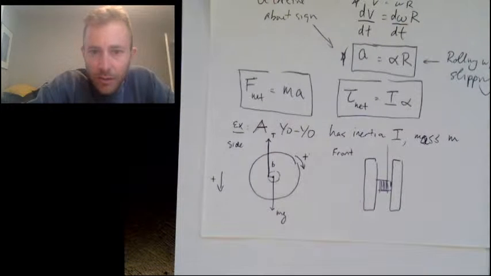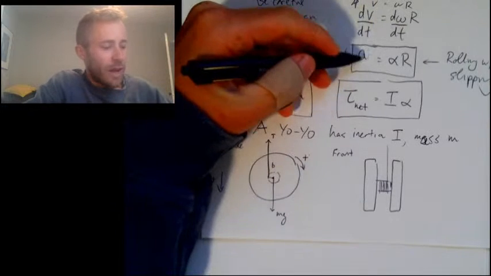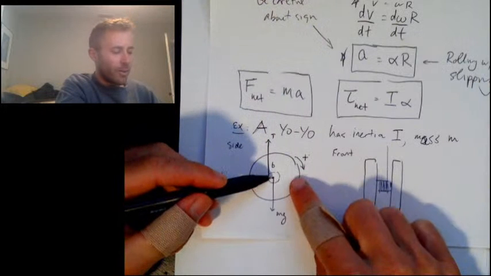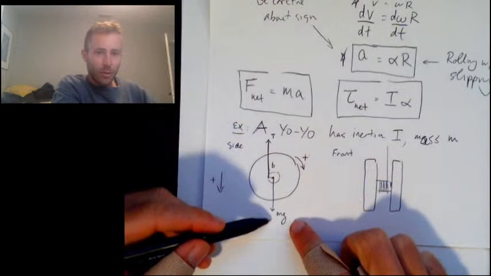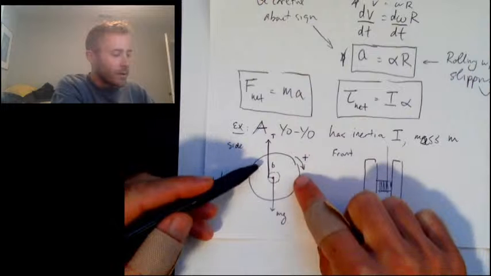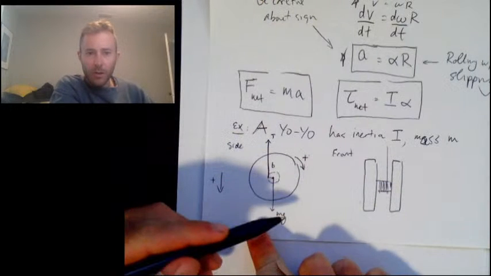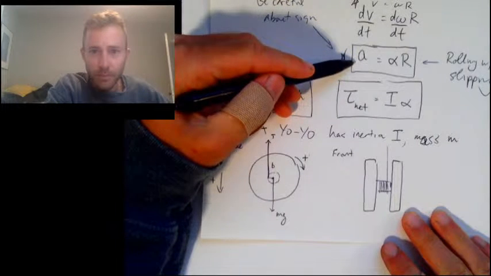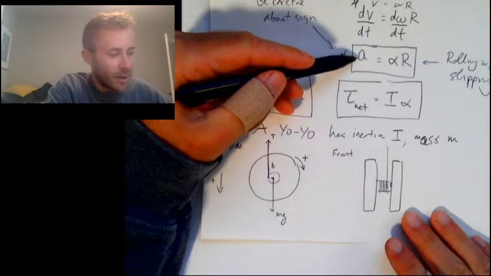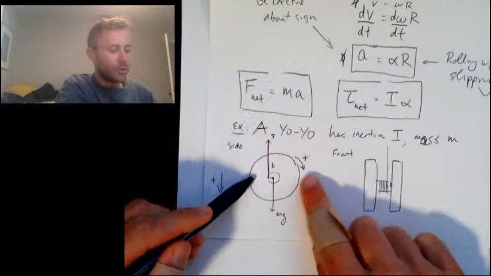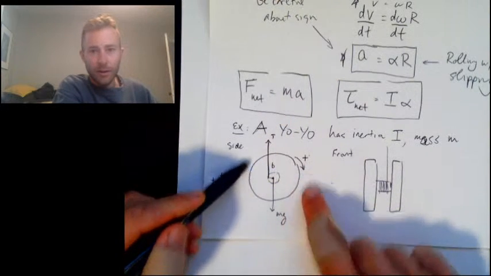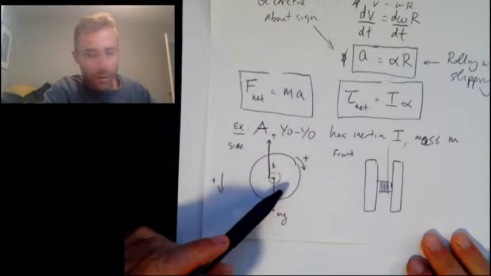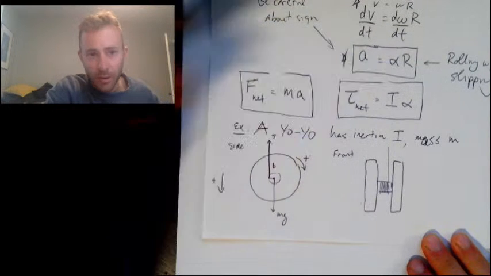The reason is because of this equation, a equals alpha R. Notice how if the yo-yo falls downward, then it will rotate clockwise. Okay? So I want to make sure that this equation holds true. And I can see that a downward acceleration will result in a clockwise rotation of the yo-yo. So if a is positive, then alpha is going to be positive.